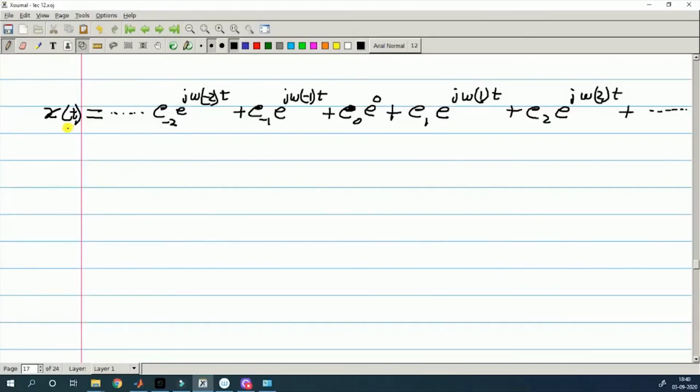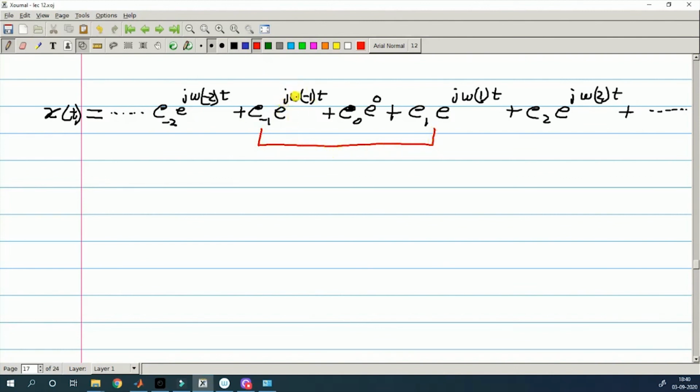Now we have learned that almost any periodic signal x(t) can be written as an infinite sum of complex exponentials: c0 e to the power j0 omega t, c1 e to the power j omega 1 t, c2 e to the power j omega 2 t, on the other side c minus 1 e to the power j omega minus 1 t, and so on. Now you notice that these terms occur in pairs.